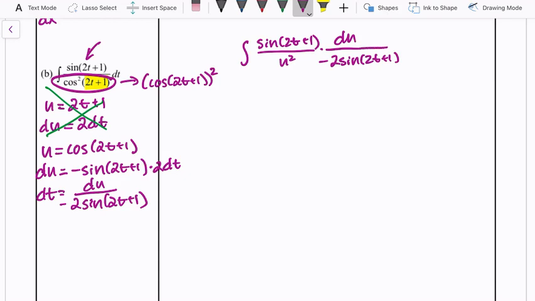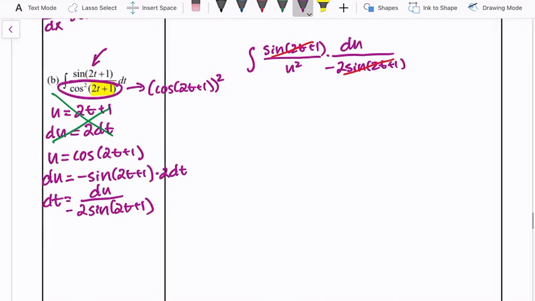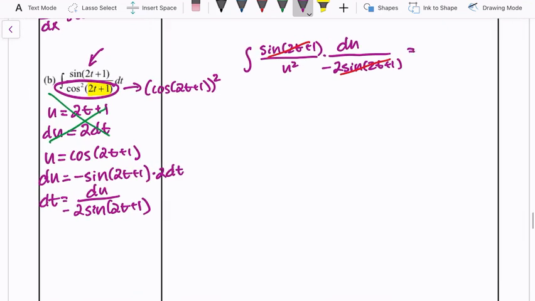Okay, so now I have that nice property here where those sines are going to end up undoing each other. Nice. That's exactly what we're looking for. So I'm going to factor out this negative 1/2 in front of the integrand. So I'm going to have negative 1/2 times the integral of 1 over u squared du. Aha, now my integrand is only made up of u's. So if I write this just a little bit differently, we'll be in a good place to antidifferentiate.